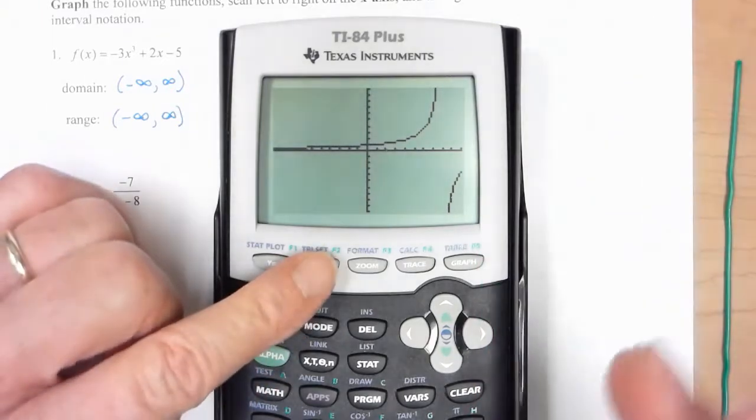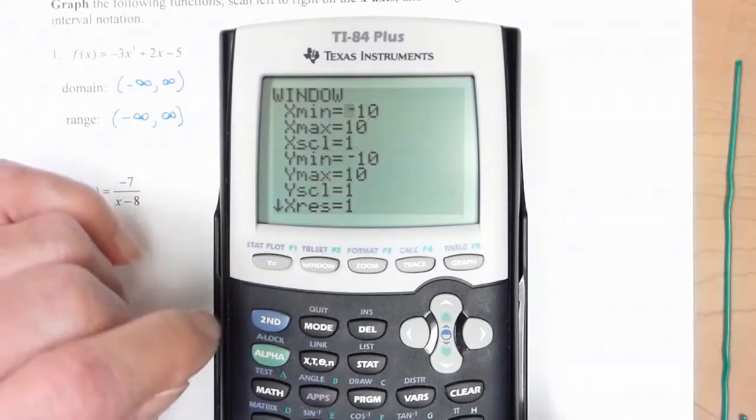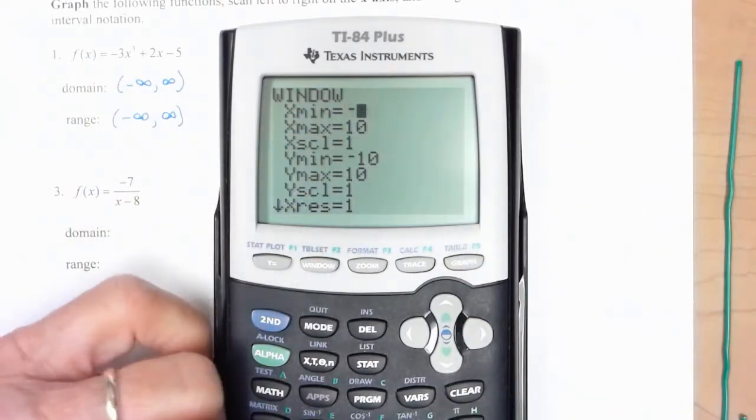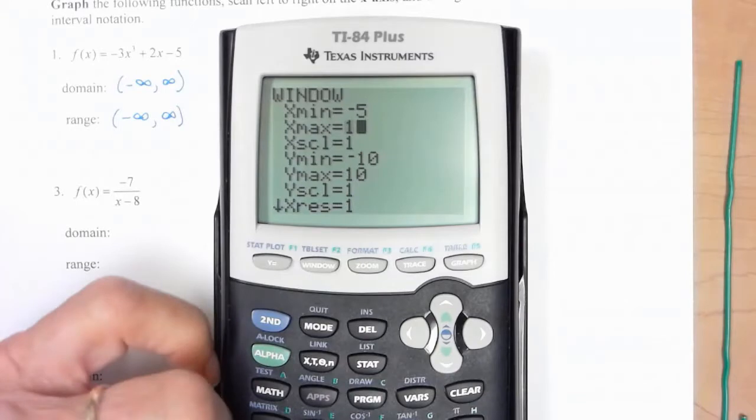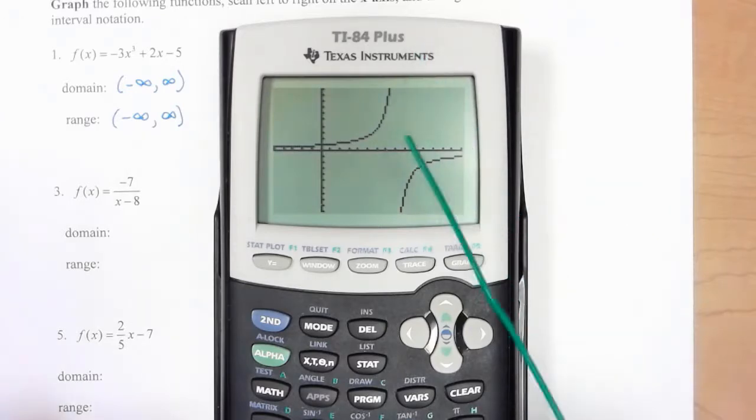Let me see if I can move this over to my left some. And I'm going to do that by doing negative 5 to 15. Now if you have a TI-83, your graph will actually connect. That's called a vertical asymptote, and we'll play with that later.